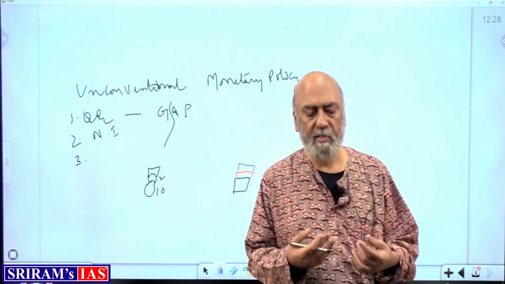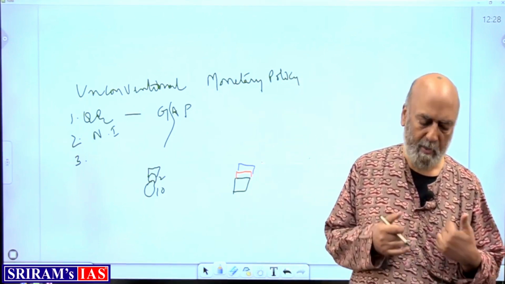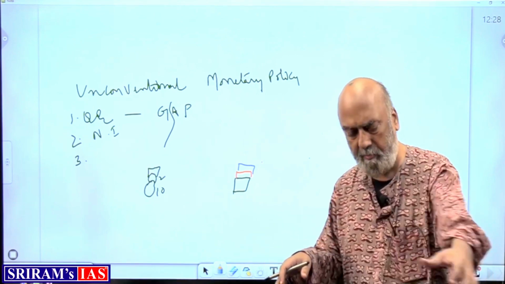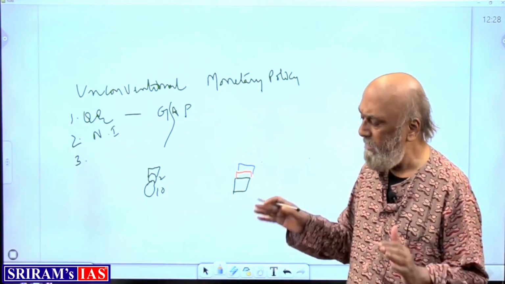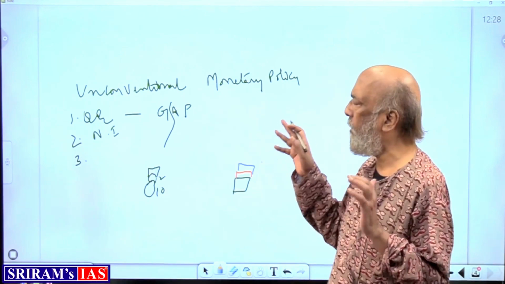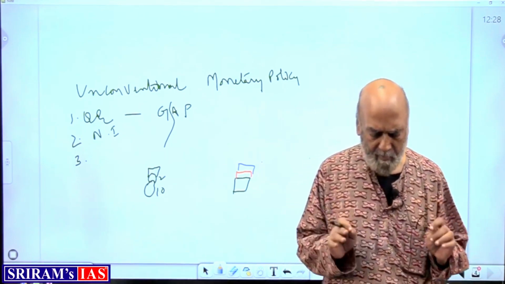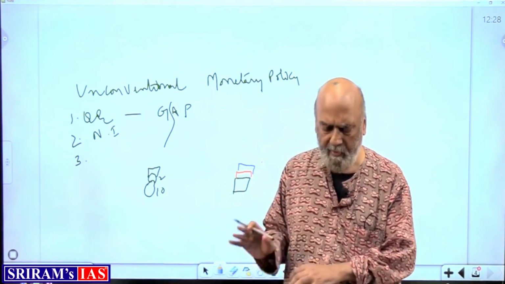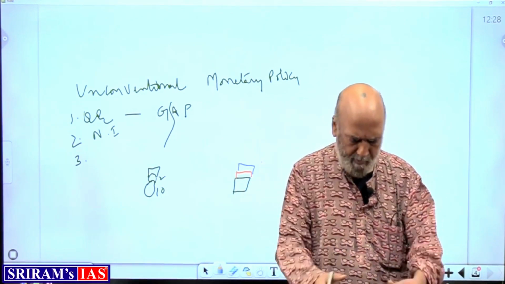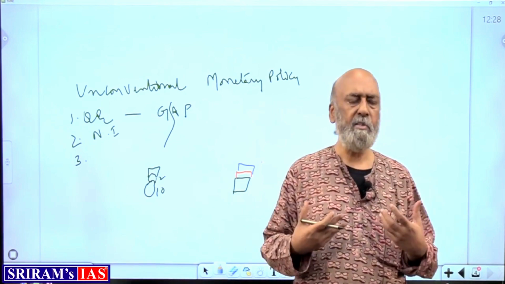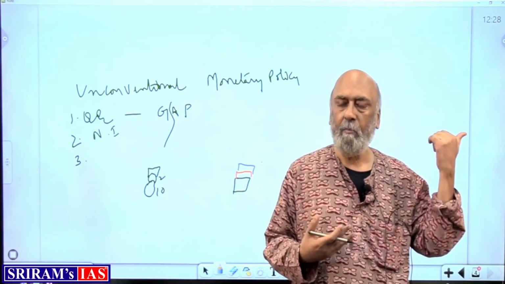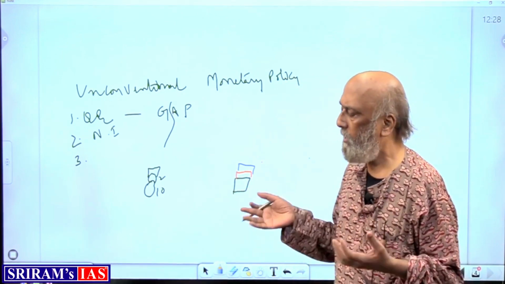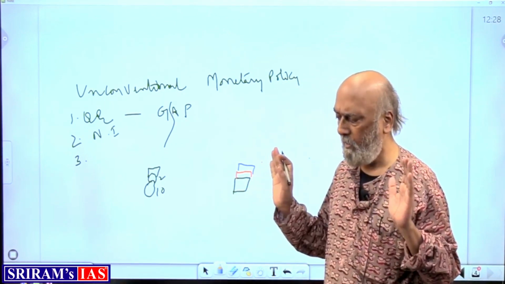This Government Security Acquisition Program of the RBI, where a lot of money is printed to acquire government securities from banks and others, is compared with the QE of the American Federal Reserve, because here also a lot of money is printed and put into the economy to buy government securities. The additionality about the American QE is they bought the junk paper also. Now we don't touch the junk paper, only government security.